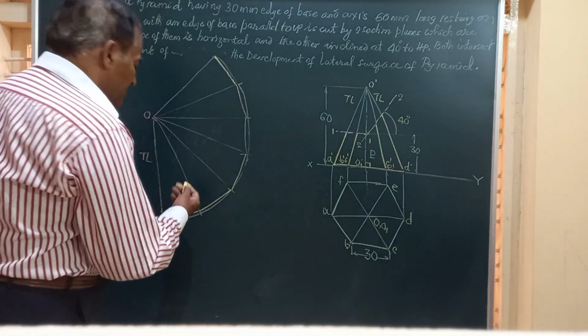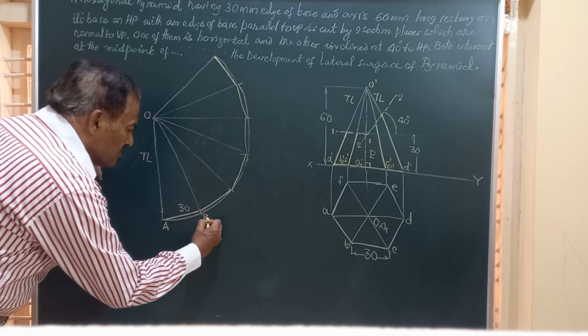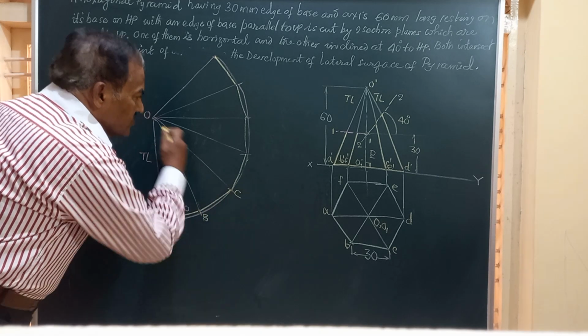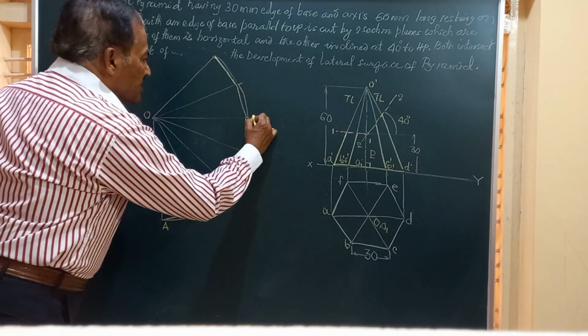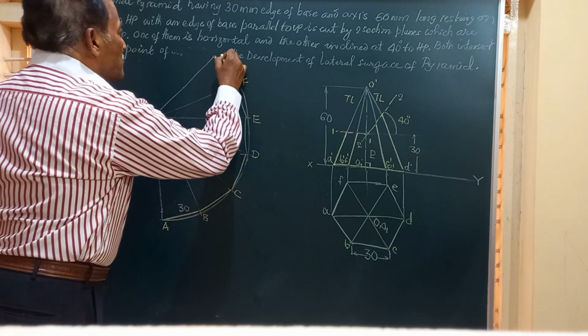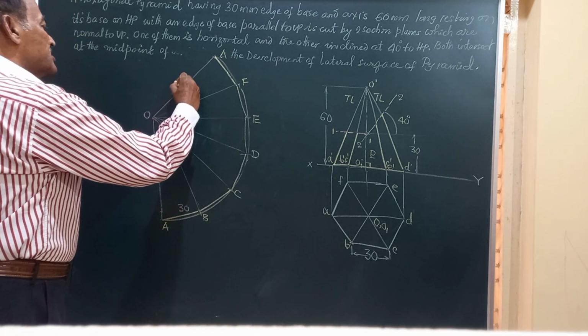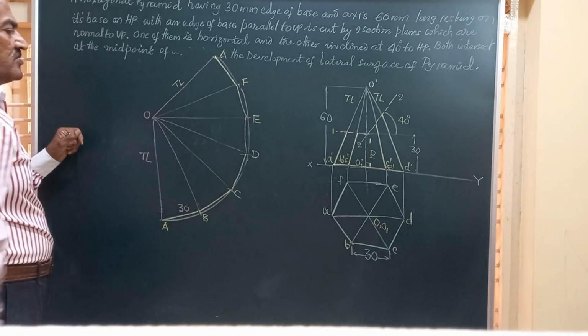Let me say I am starting from A. So this is slant edge OA, OB, OC, this is OD, OE, OF, and again OA, because the first and the last point should have the same numbering. So this is how it will happen.